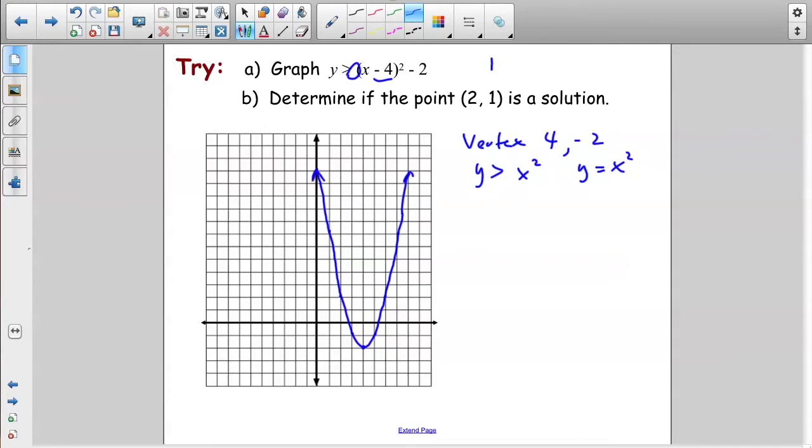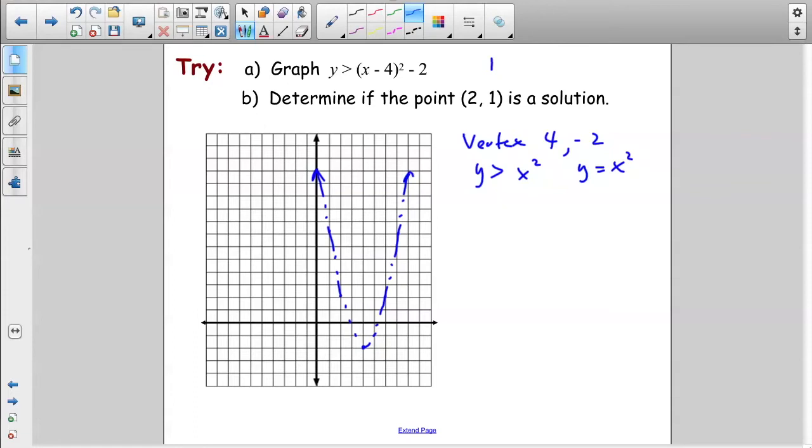Okay, now let's take a look at the inequality sign. What do we got there? Well, we have a broken line. So now I just break the line up. So there's my parabola all broken up.